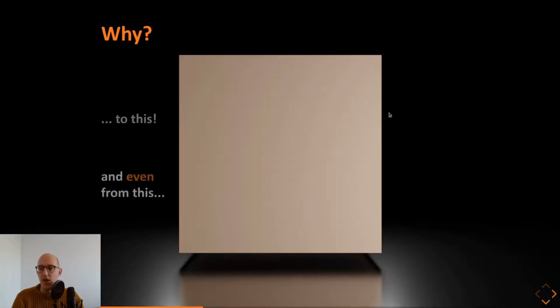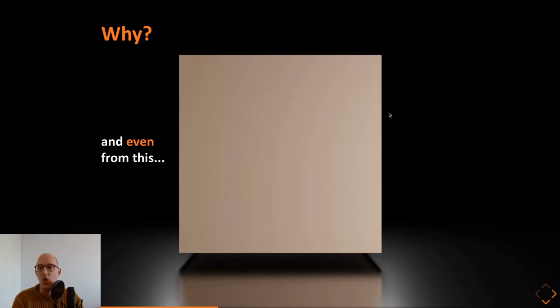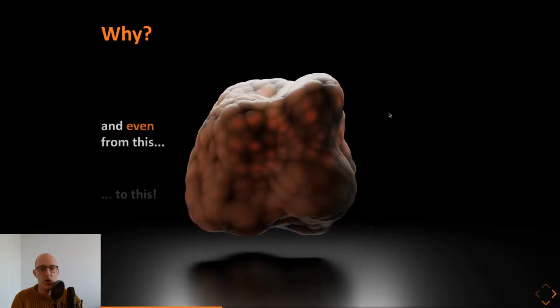And you can even go from this, a normal cube with a flat color, to this. Of course, this is a very extreme example, and there's a lot of adaptive subdivision going on, a lot of displacement going on, with a stack of textures, with a Voronoi texture which creates these bumps, with a Musgrave texture which does the coarse displacement, and with a noise texture to create these tiny little bumps.